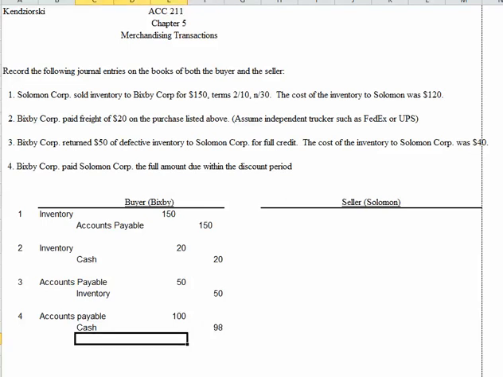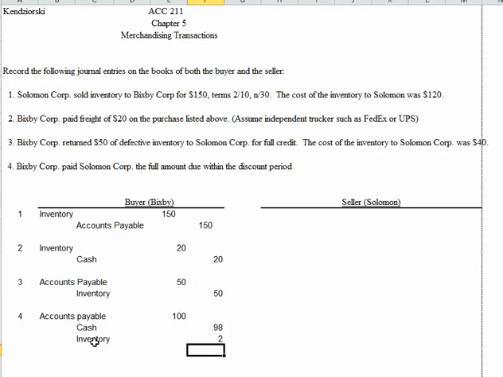That means that we now have an unbalanced entry. We need another $2 credit to something. Now here you might be thinking discount or something like that. But again, let me remind you that inventory is an asset which needs to be recorded at cost. So in our journal entry, we are going to credit inventory, not to show that we're sending units back, but to show that we are reducing the cost of our inventory by $2.